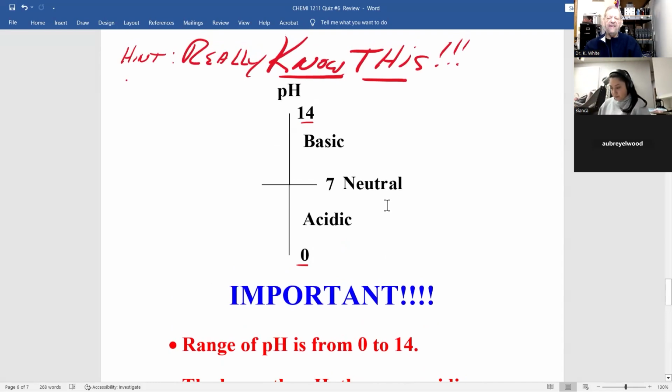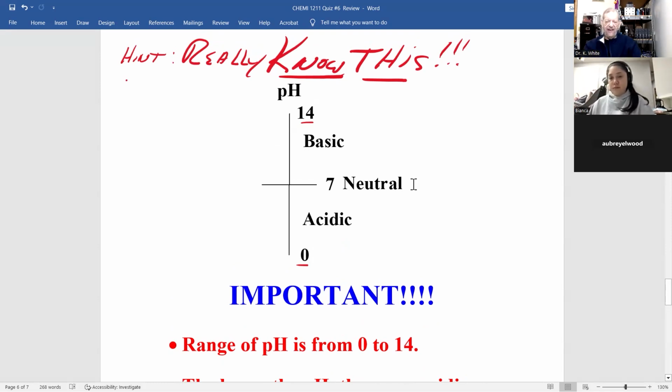Now, one thing I should mention, if you have a neutral solution of water and you add some acid to it, the numerical value of the pH will drop because it becomes acidic. So when you add acid to a neutral solution, the pH numerical value gets lower, below 7.